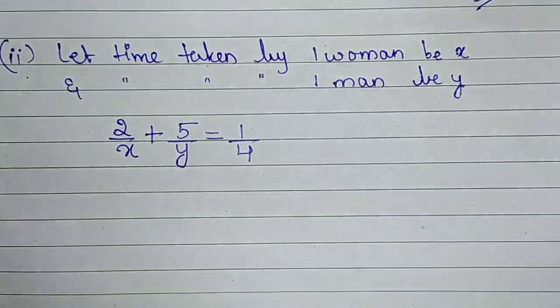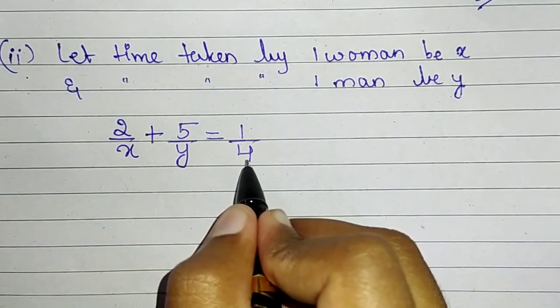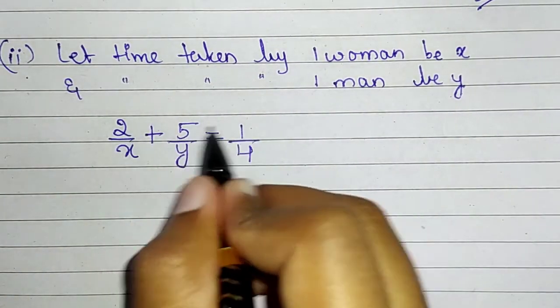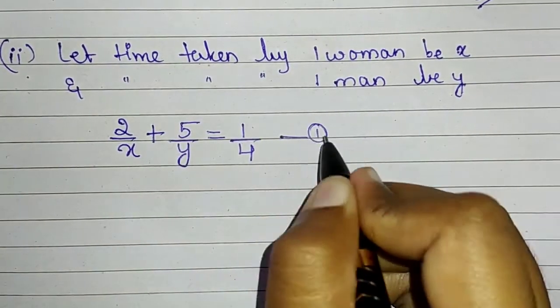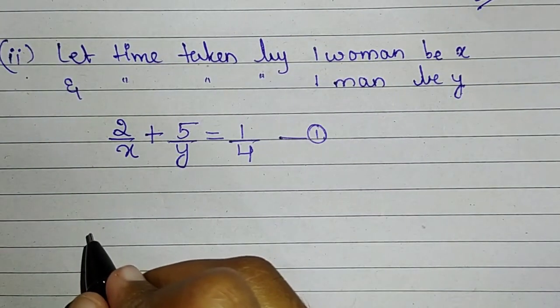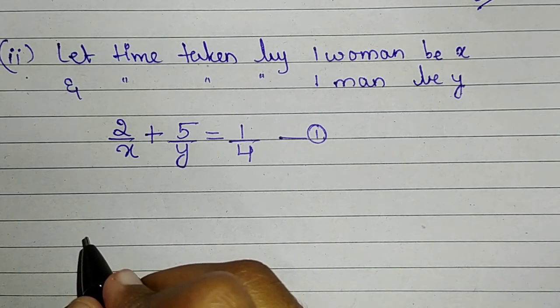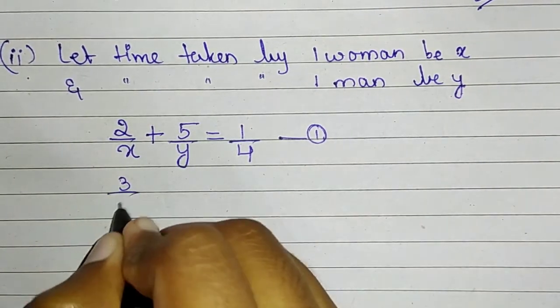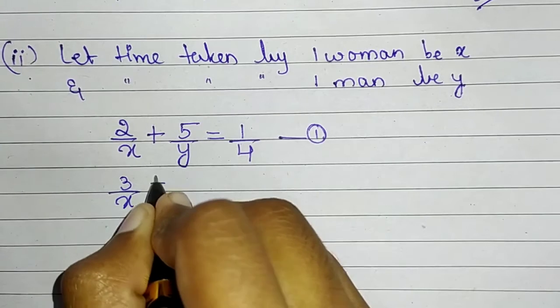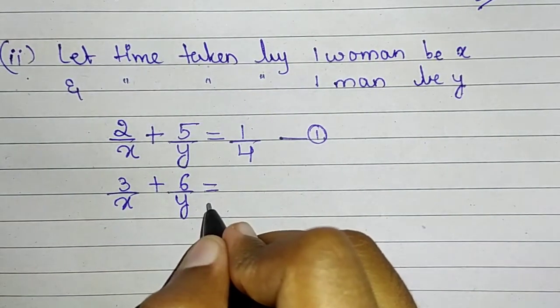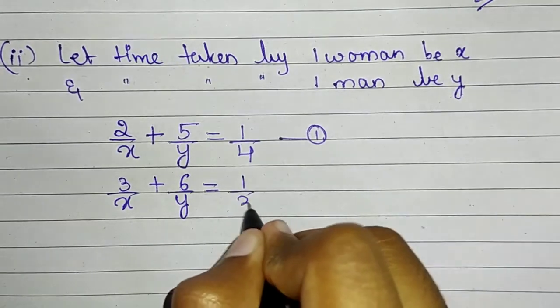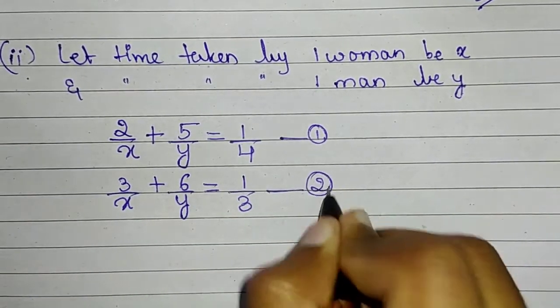That means 1 by 4. Time is represented in the denominator, whereas the number of people working is represented in the numerator. This is our first equation. Similarly, following the same logic, 3 women, 3 by X, and 6 men, 6 by Y, can finish the same work in 3 days, 1 by 3. This is the second equation.